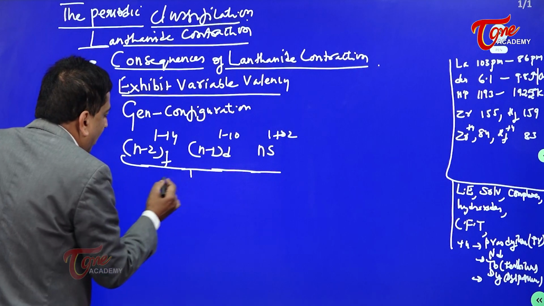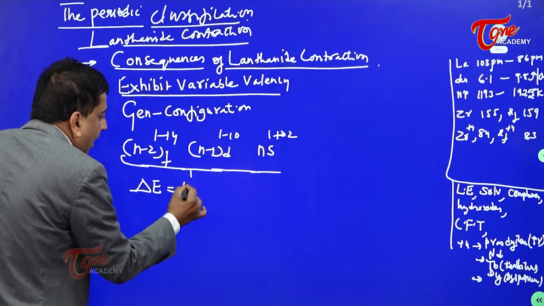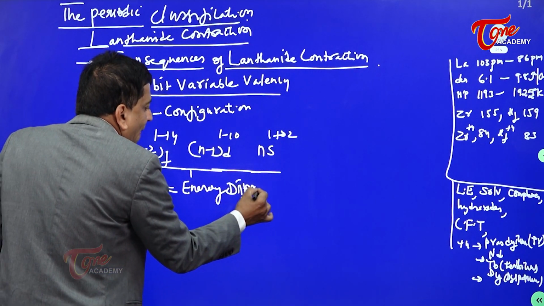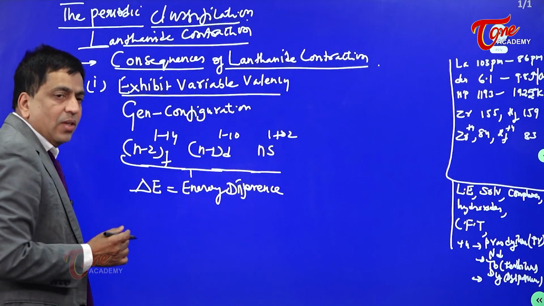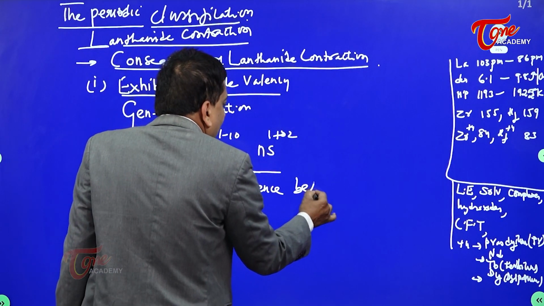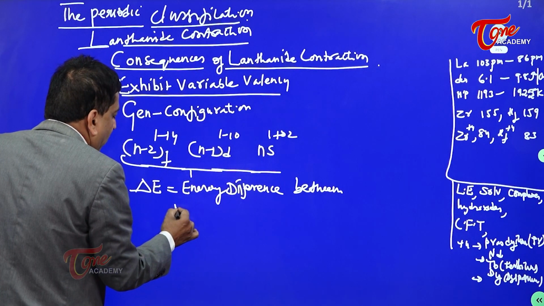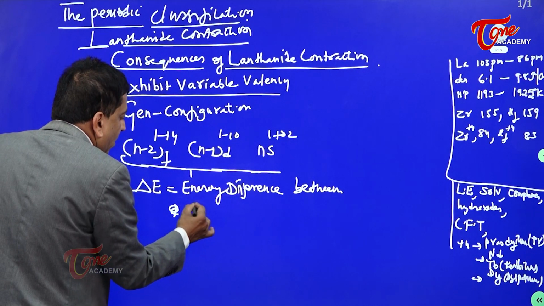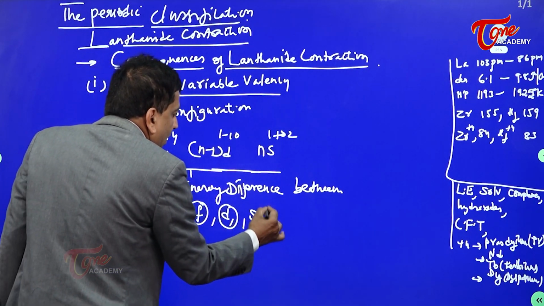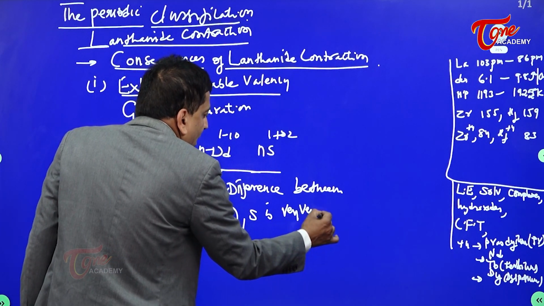So I can simply say the delta E, that is nothing but the energy difference between these subshells, between (n-2)f, or I can simply say f, d and s, is very, very, very less.